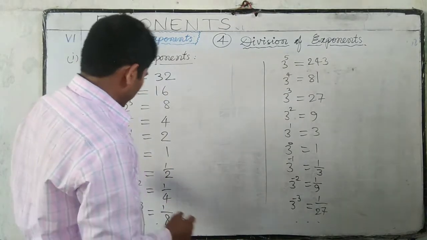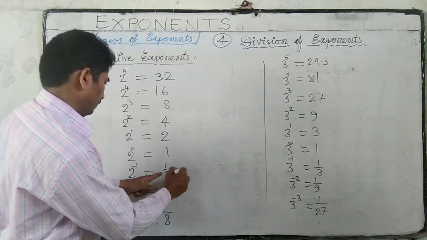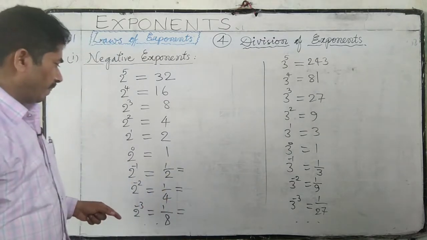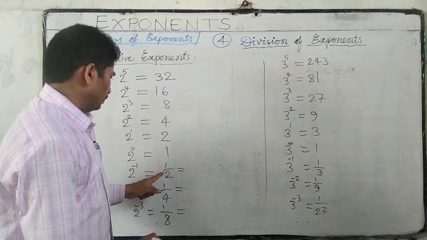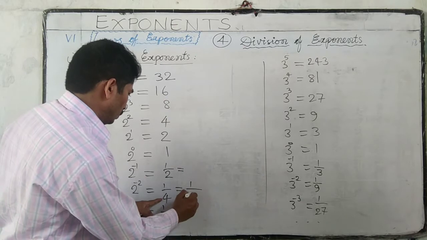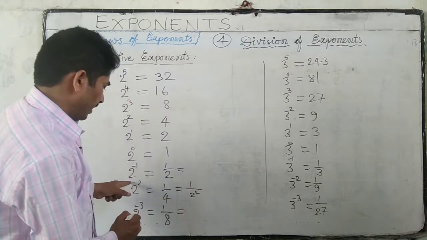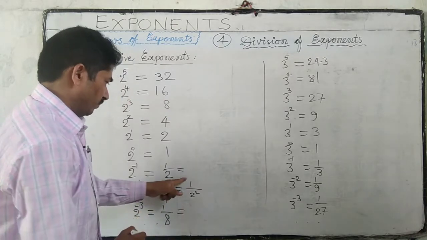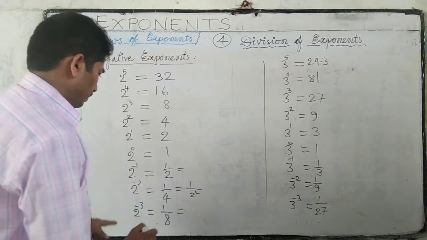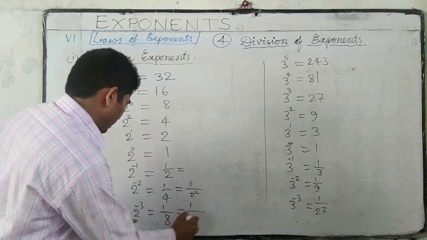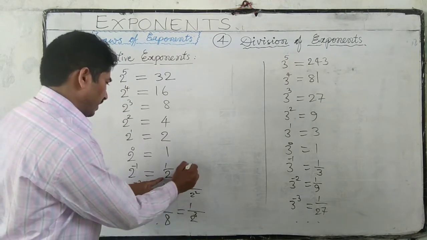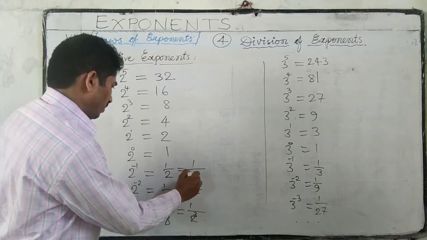If we observe this, we can get one idea. Here we can observe 2 square. Here we have 2 to the power of minus 2, and we got in the denominator 2 to the power of 2. Here 1 by 2 cube, 8 is 2 cube. So we can write this 2 to the power of 1.